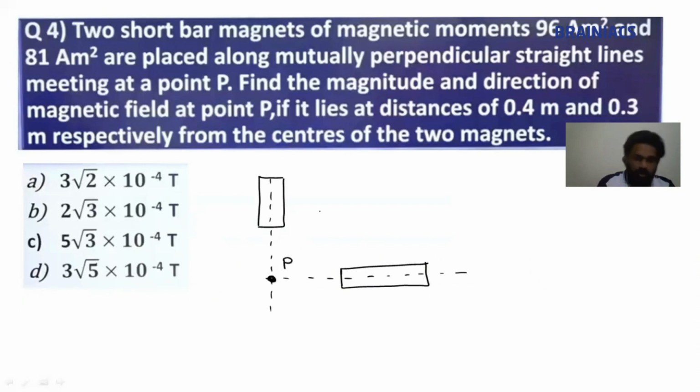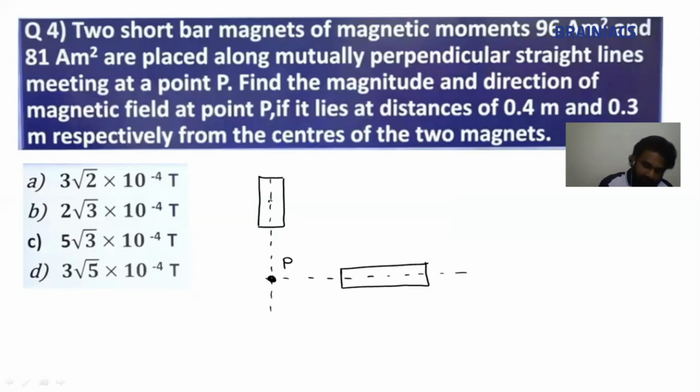Two short bar magnets of magnetic moments 96 ampere meter square and 81 ampere meter square are placed along mutually perpendicular straight lines meeting at the point P. Find the magnitude and direction of magnetic field at the point P if it lies 0.4 meter and 0.3 meter distant.